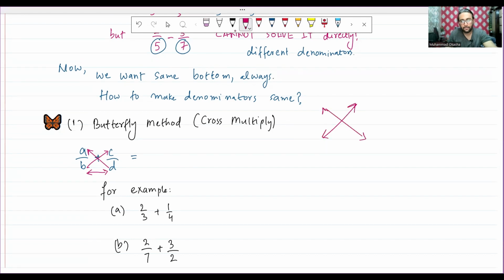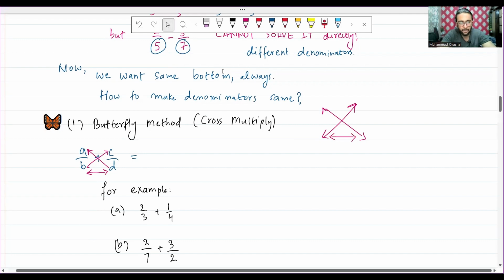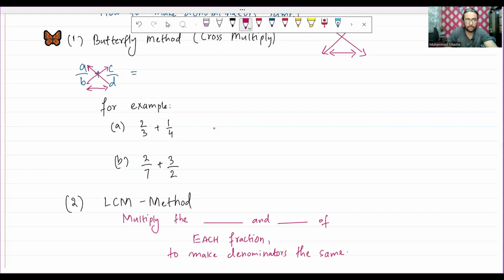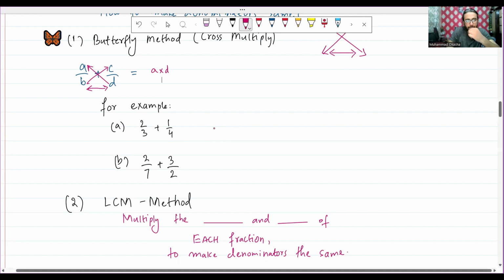So A times D would be written just as AD, minus B times C, over B multiplied by D, because the bottoms are multiplied.